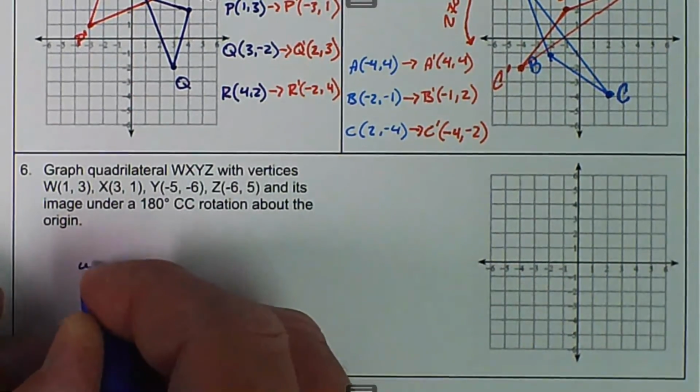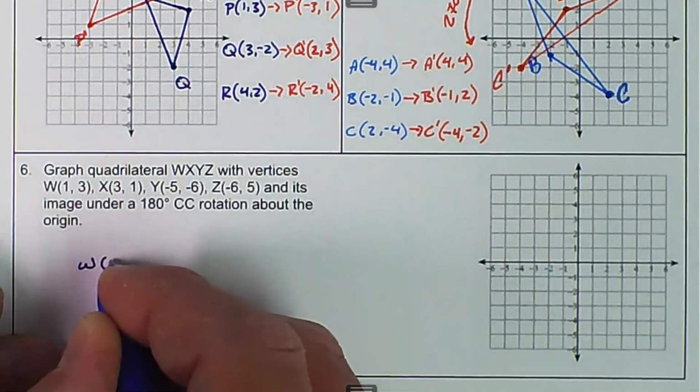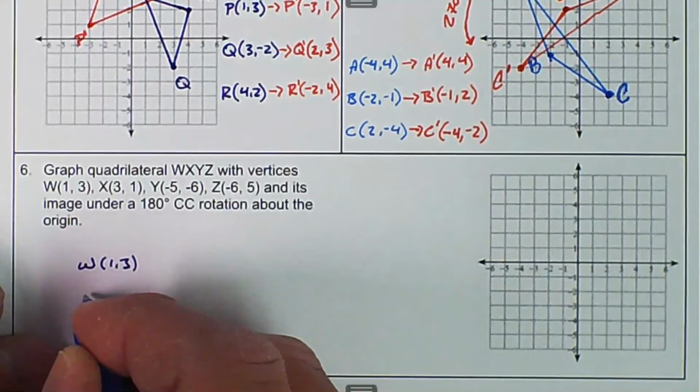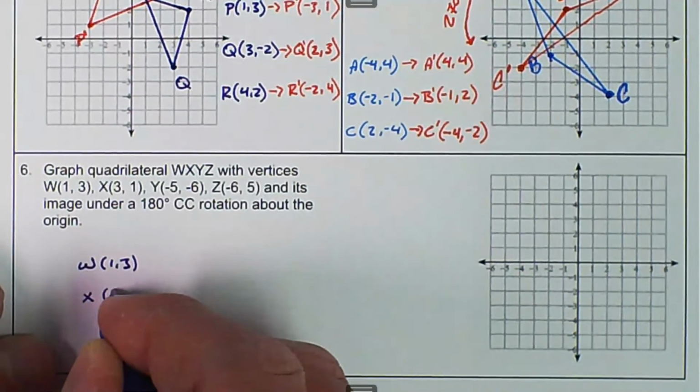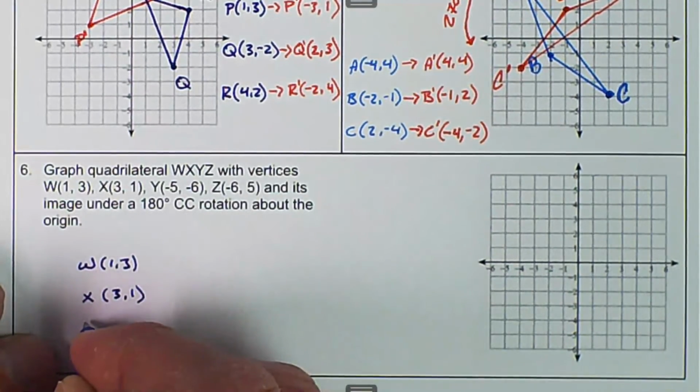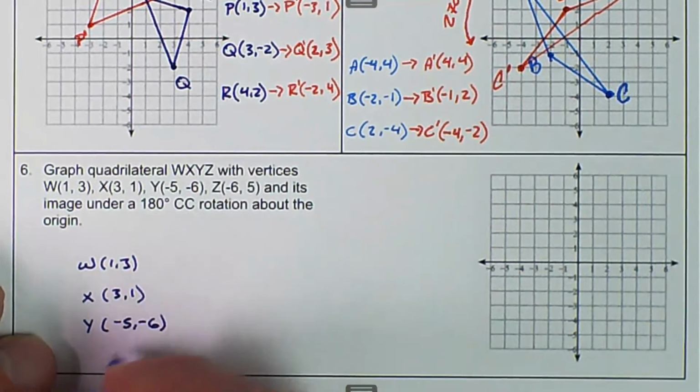So W is 1, 3. X is 3, 1. Y is negative 5, negative 6. And Z is negative 6, 5.